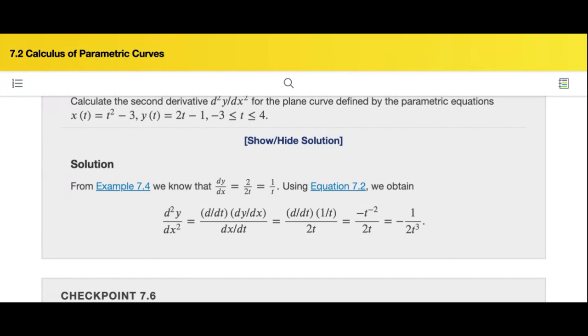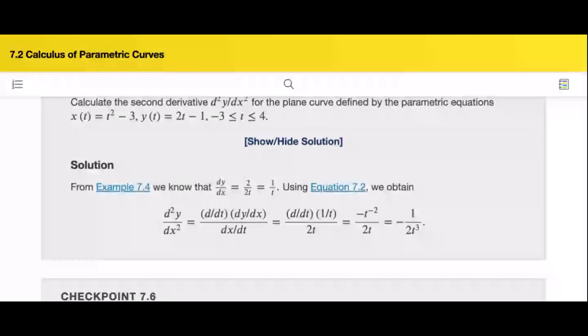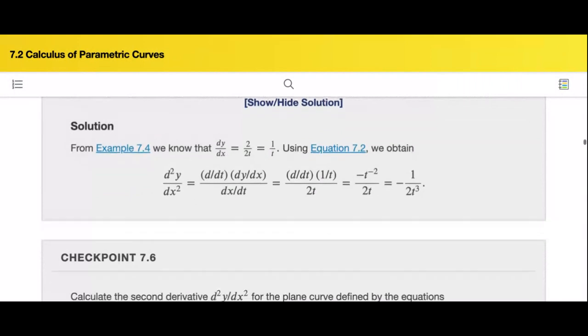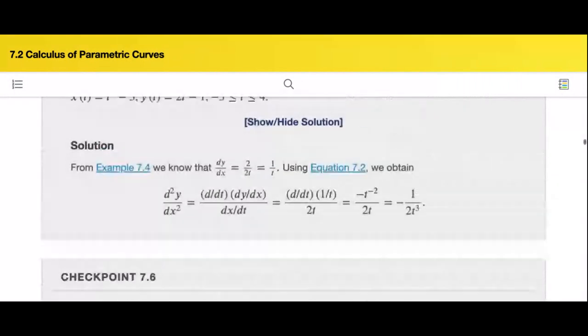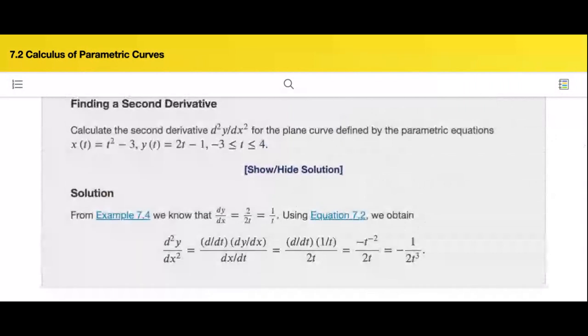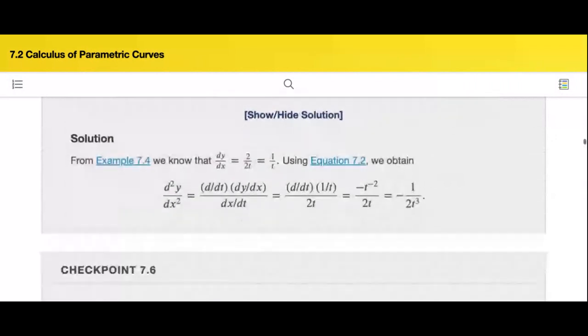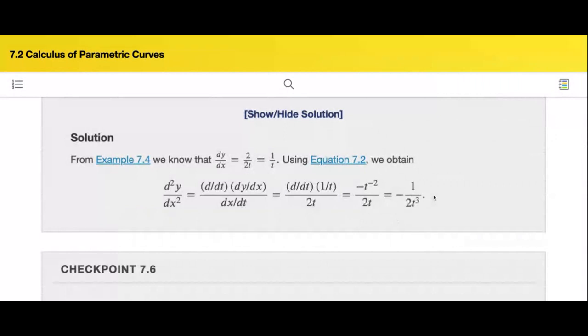Anyone has any questions? This one didn't do the critical points. When we do the critical points, we do the same thing. We set the numerator equal to 0 to find the horizontal tangent lines, and we set the denominator to 0 to find the vertical tangent lines.